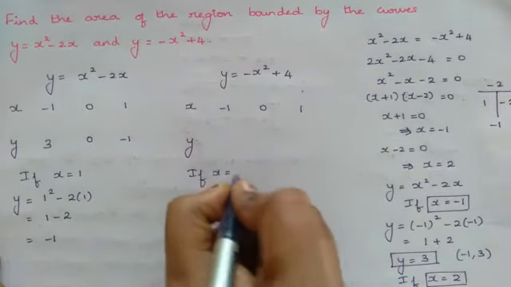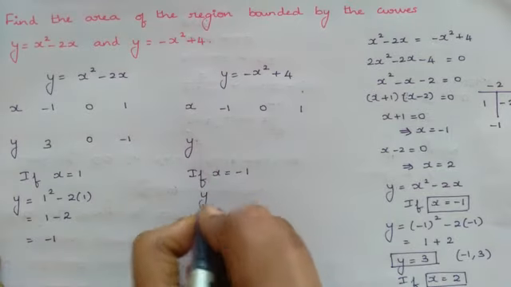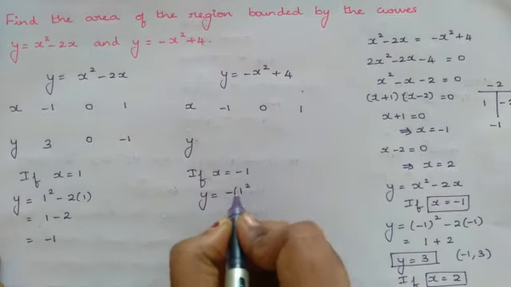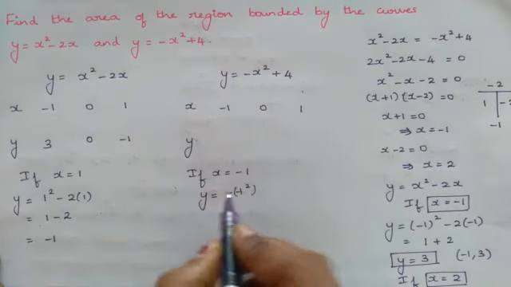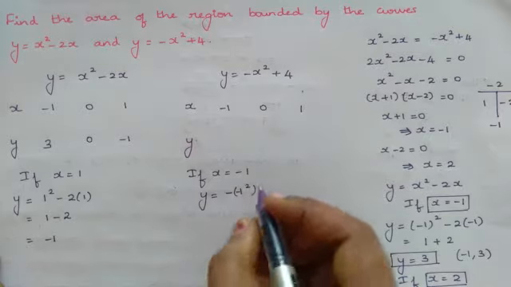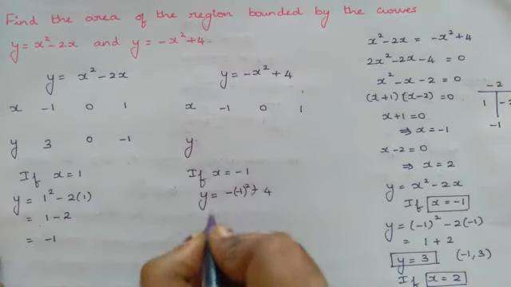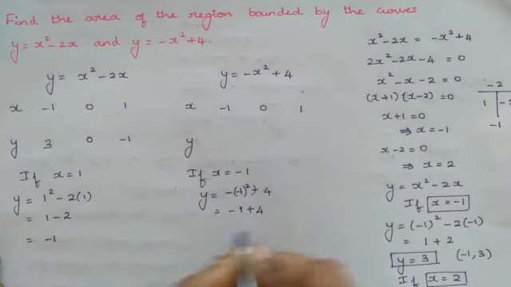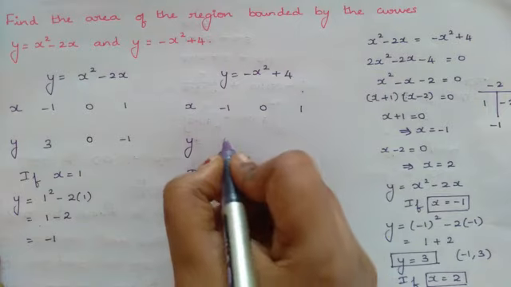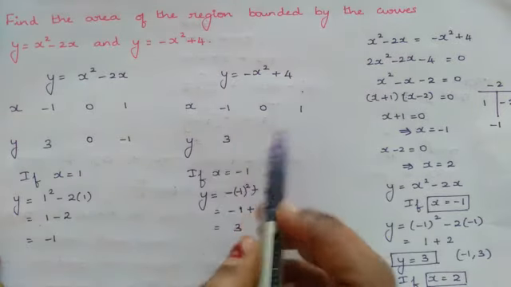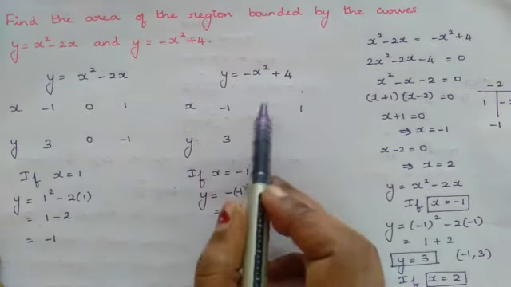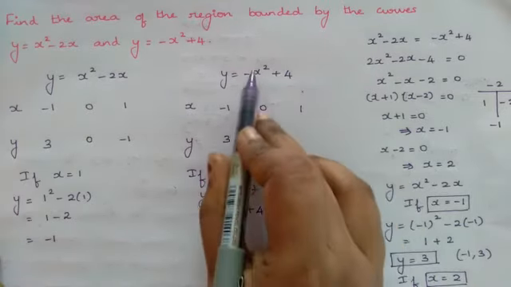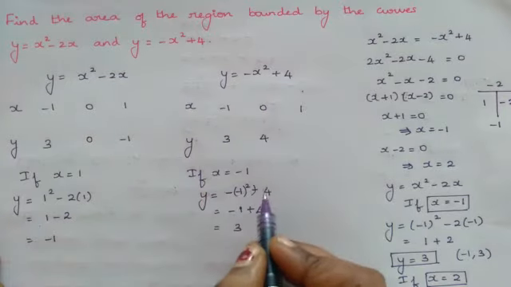Y will be minus of minus 1 squared plus 4, so minus 1 the whole squared is 1, and minus 1 plus 4 is just 3. So y is equal to 3. When we substitute 0 here, y is equal to 4. When we substitute 1, the same process will continue.